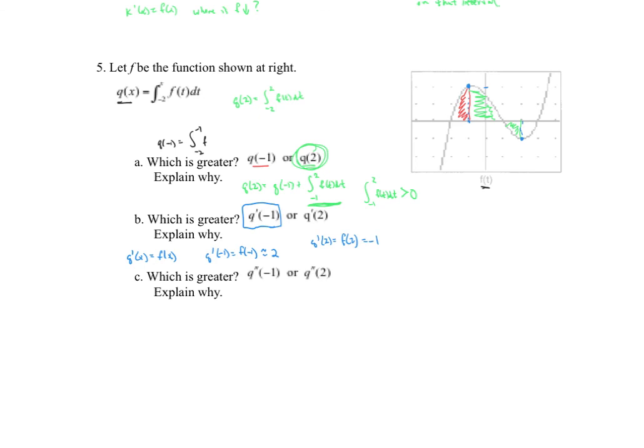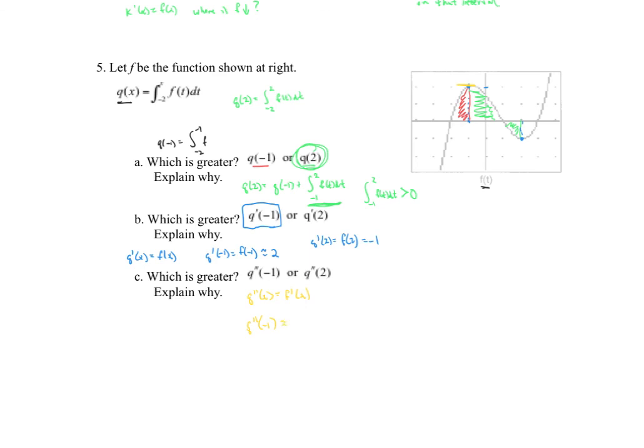Okay. And on the next one, we want now q double prime. So q double prime of x is going to be f prime of x. So q double prime of -1 is going to be the slope of the graph that we can see at -1. And at -1, that's pretty close to horizontal.